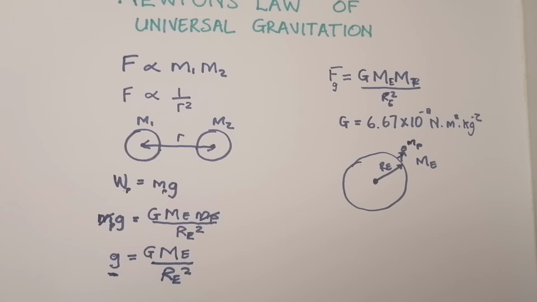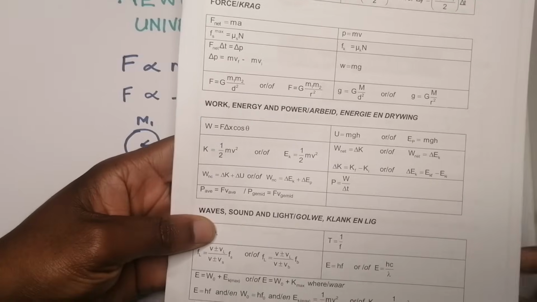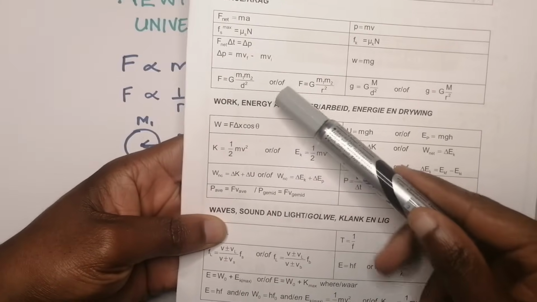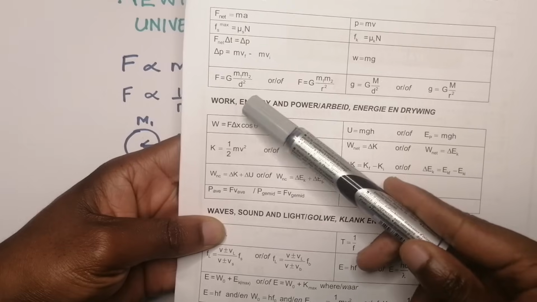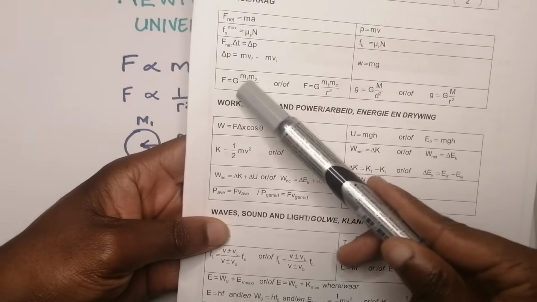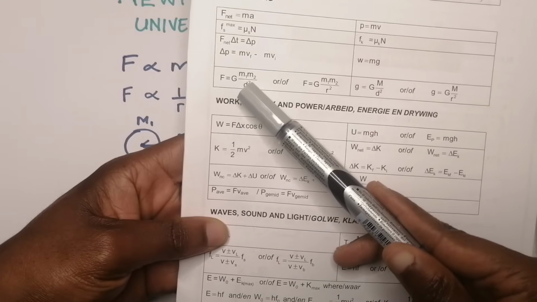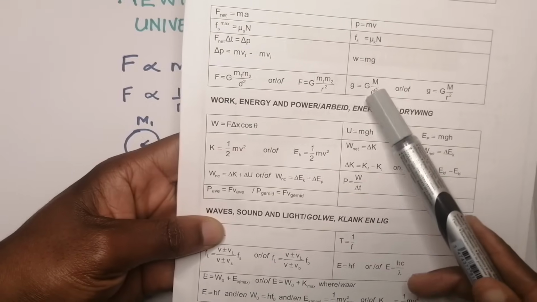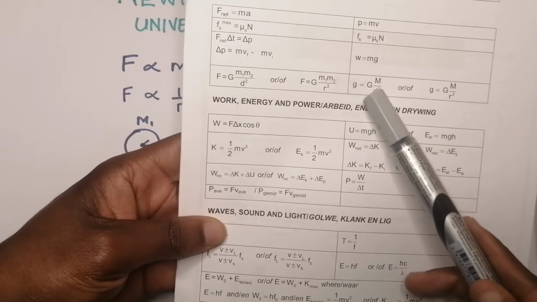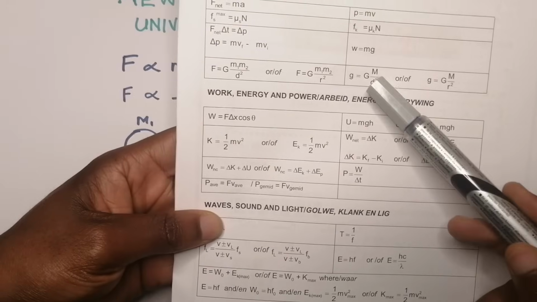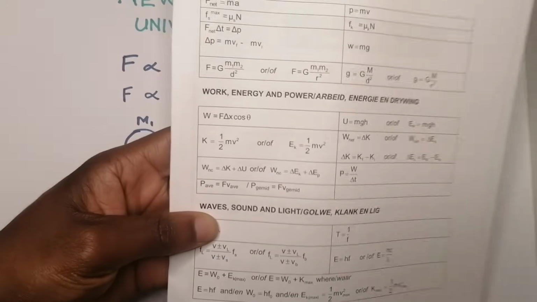Now, just to quickly show you once again, if you consider your data sheet, your formula sheet in the exam, you'll see the formula given there for gravitational force, and there is the formula that you use for gravitational acceleration.